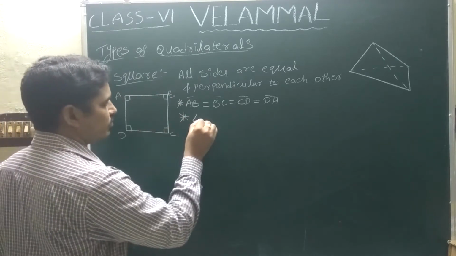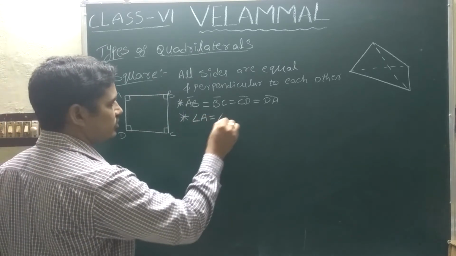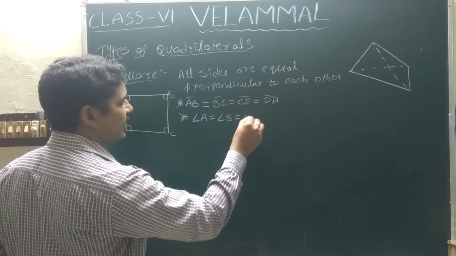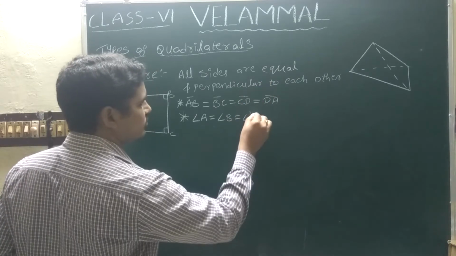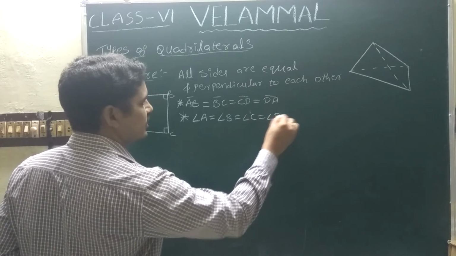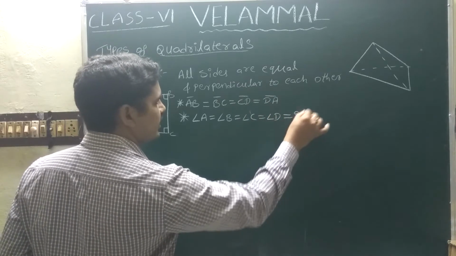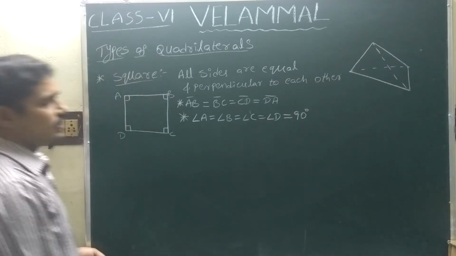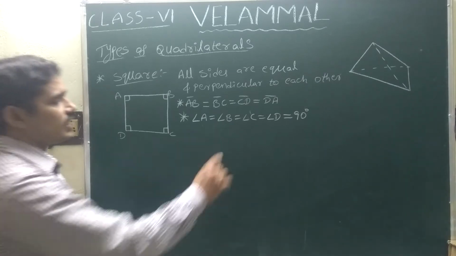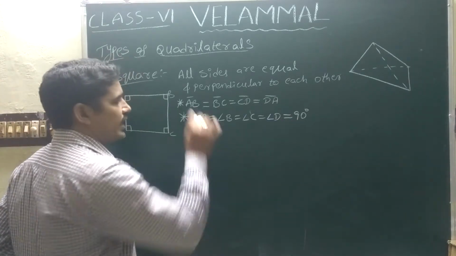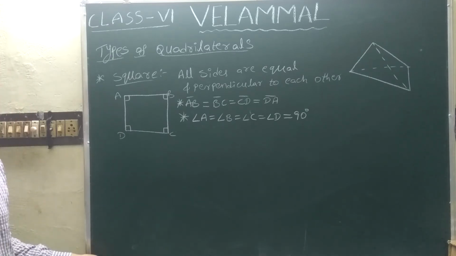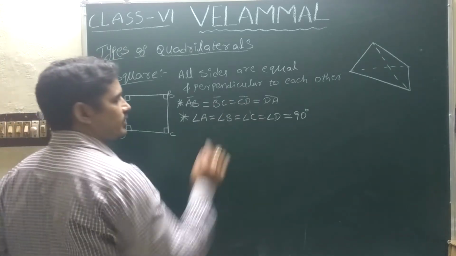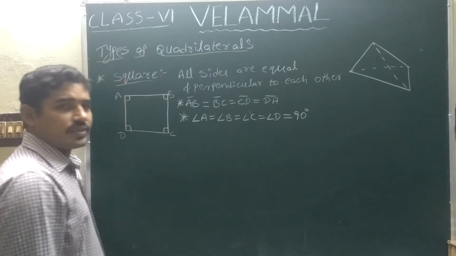So angle A is equal to angle B is equal to angle C is equal to angle D. This must be equal to 90 degrees. So all angles must be equal to 90 degrees and all sides are equal, then that quadrilateral is called a square. So sides completed, angles completed.